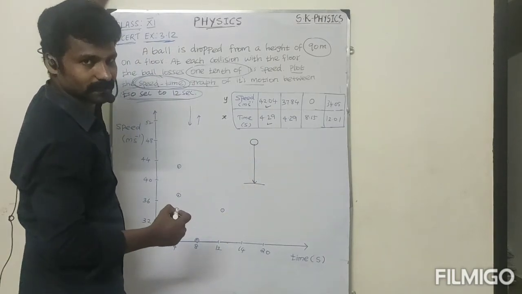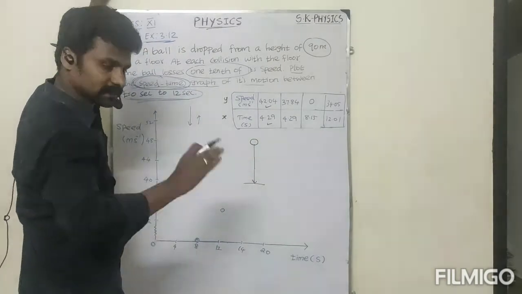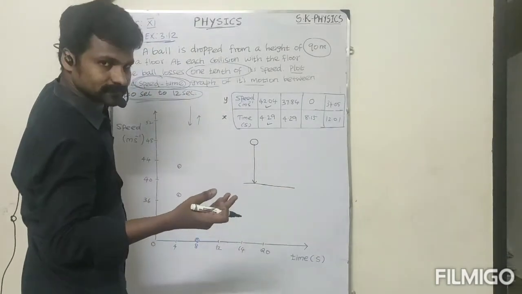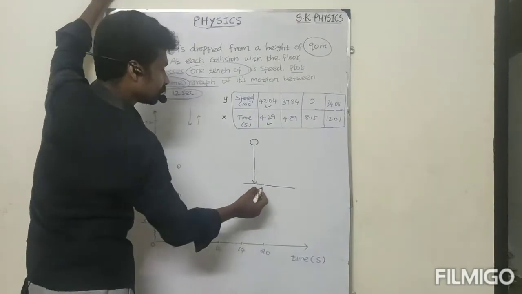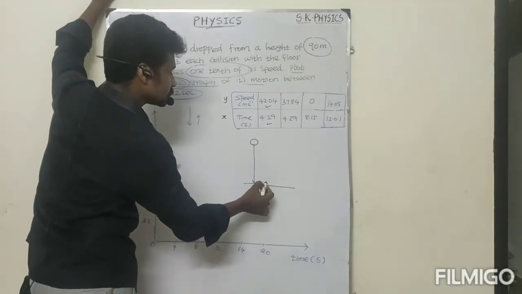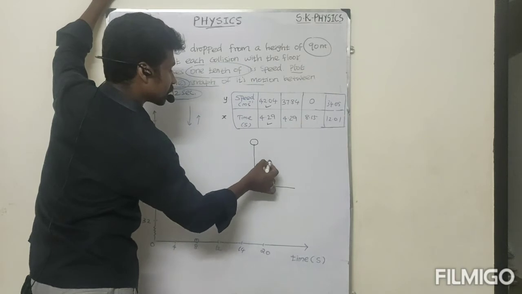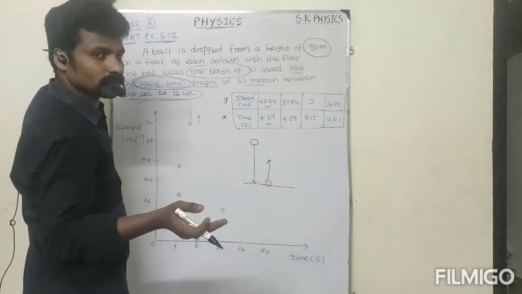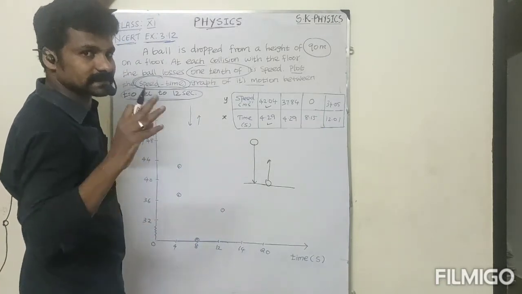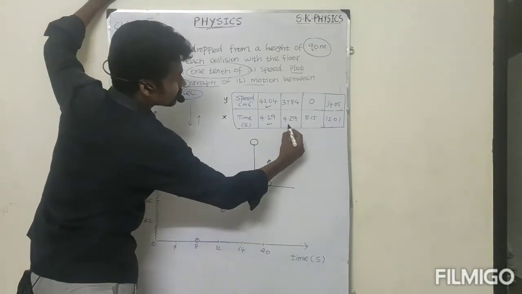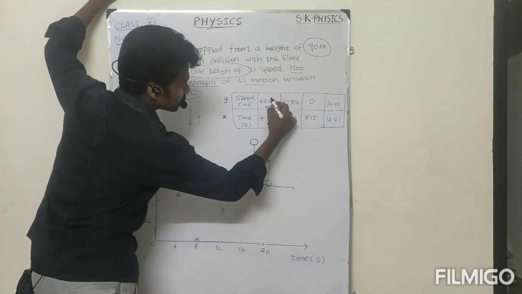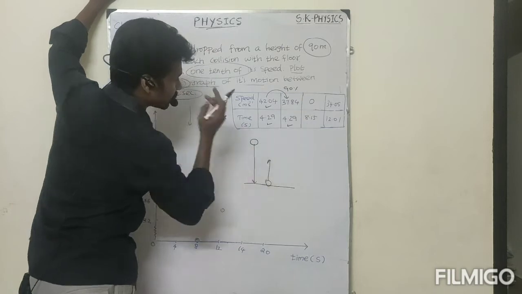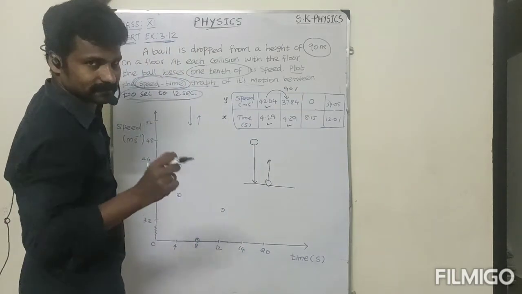What is the velocity to reach the ground? 42.04 meter per second. After that, at the same moment, it is moving in the upward direction with 90% of this velocity, 37.84 meter per second.